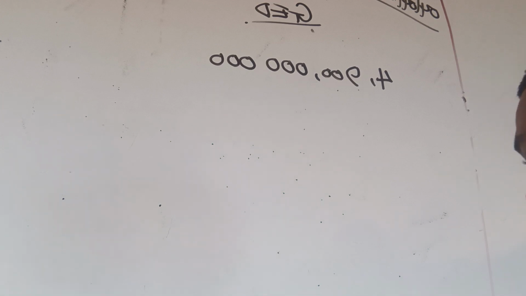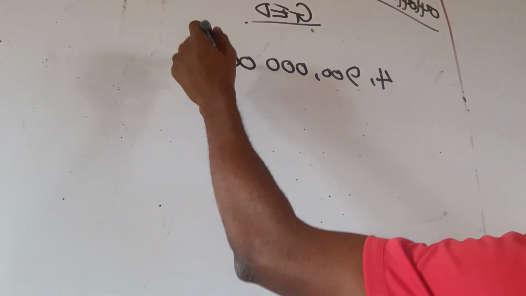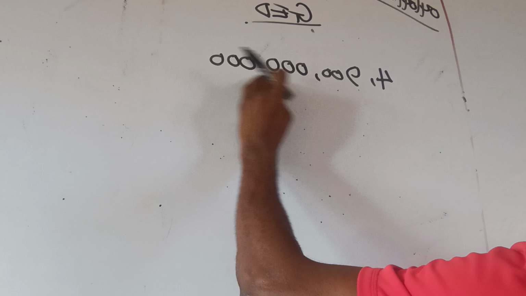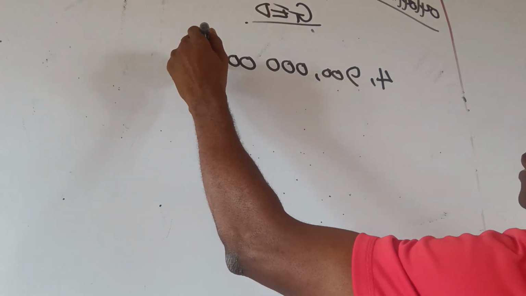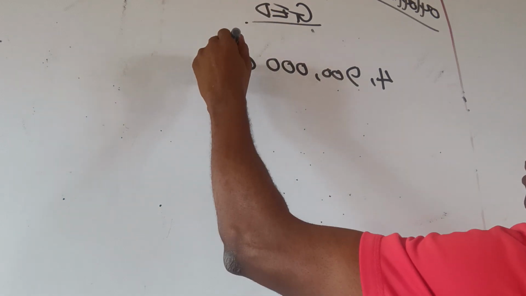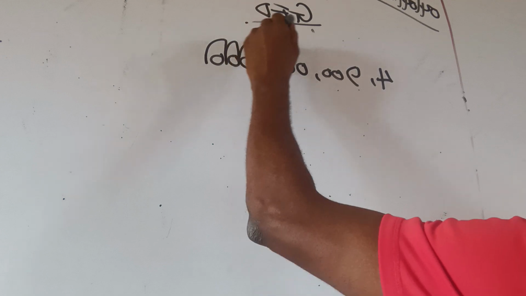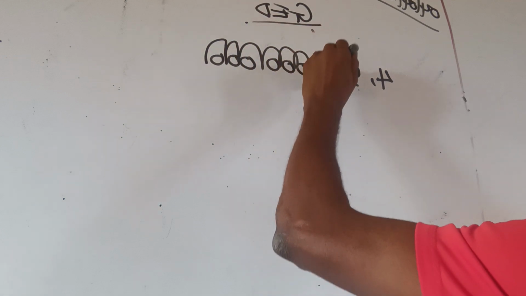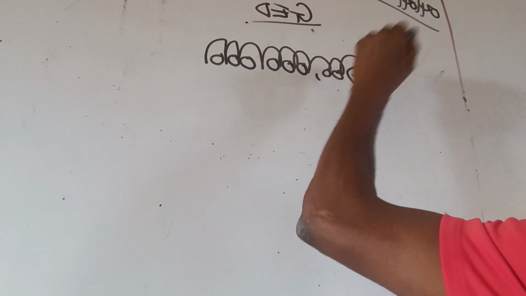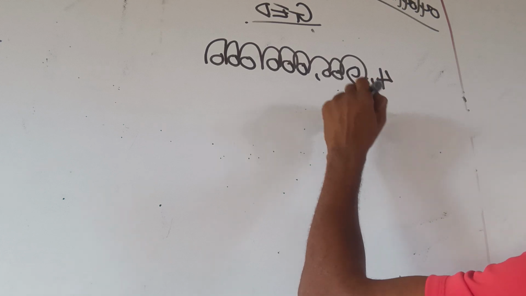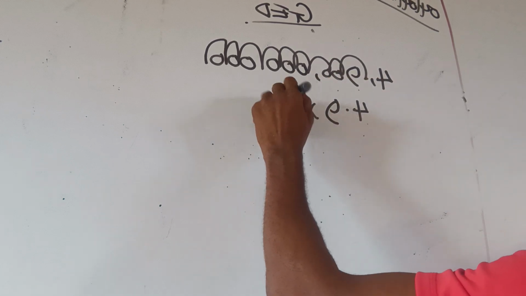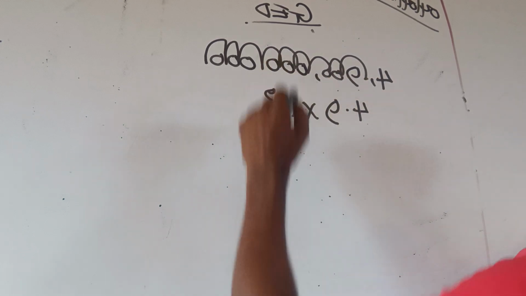If we have to write this in scientific notation, what are we supposed to have? So how many zeros are there? About 8 zeros. So you move your invisible point. 1, 2, 3, 4, 5, 6, 7, 8, 9. That's 4.9 times 10 raised to the power of 9.